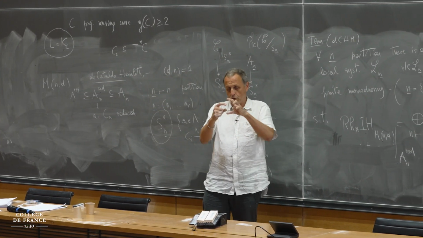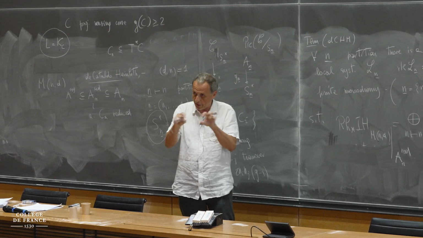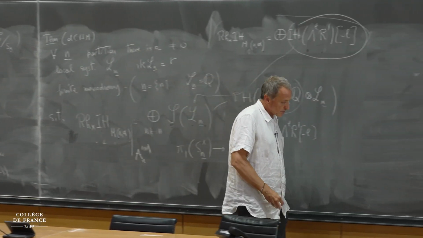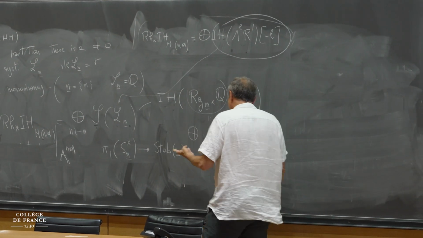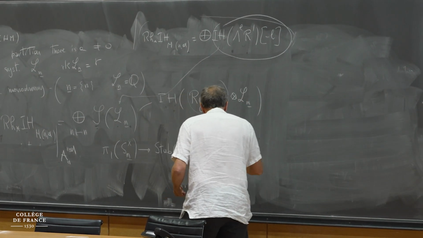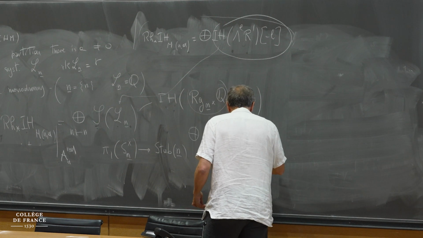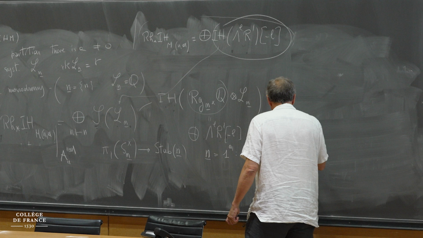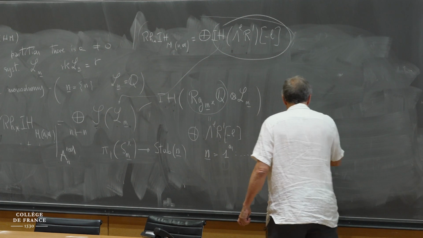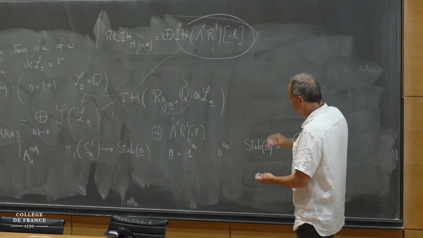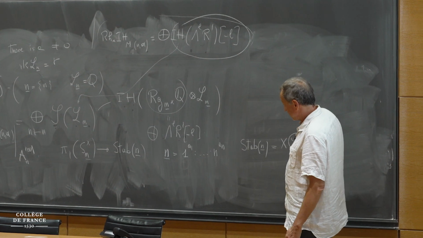So you'll have a non-trivial group only if you have some blocks of the same length. So if you write n as 1 to the a1 in the multiplicative notation, then the stabilizer of n is the product of the symmetric groups over the multiplicities of the partition.